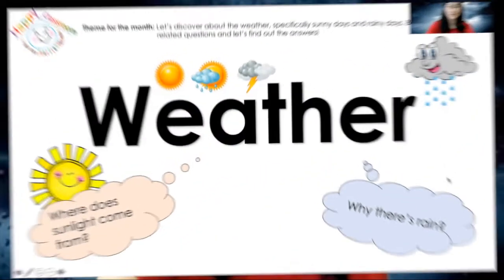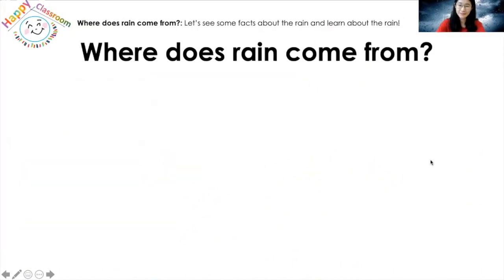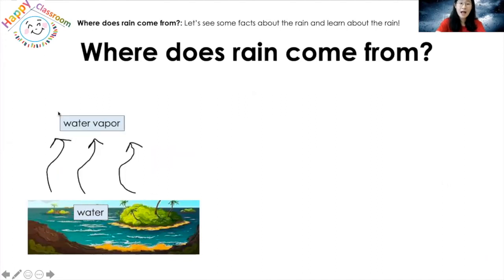So now, let's revise. Today we are talking about the rain. Where does rain come from? From the experiment, we know that the water sources on earth, the ocean, the rivers, the plants, all provide water. The water on earth will evaporate and become water vapor.